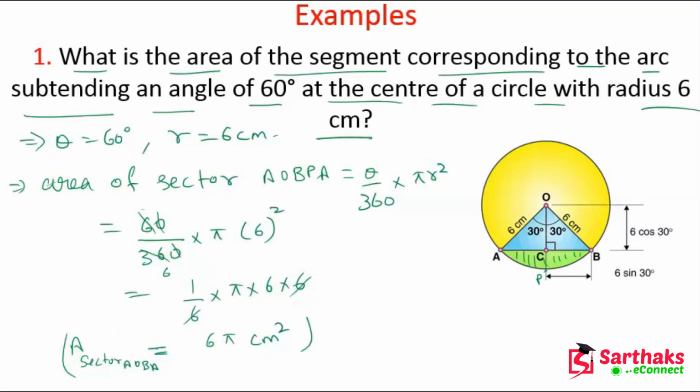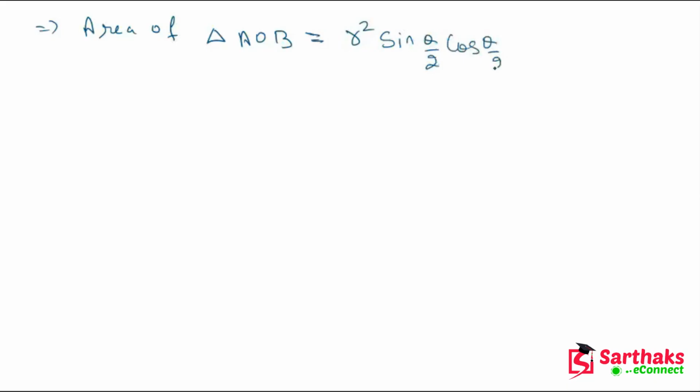Yes, so now we have to find the area of triangle AOB. And we know the area of triangle is r square sine theta by 2 cos theta by 2.